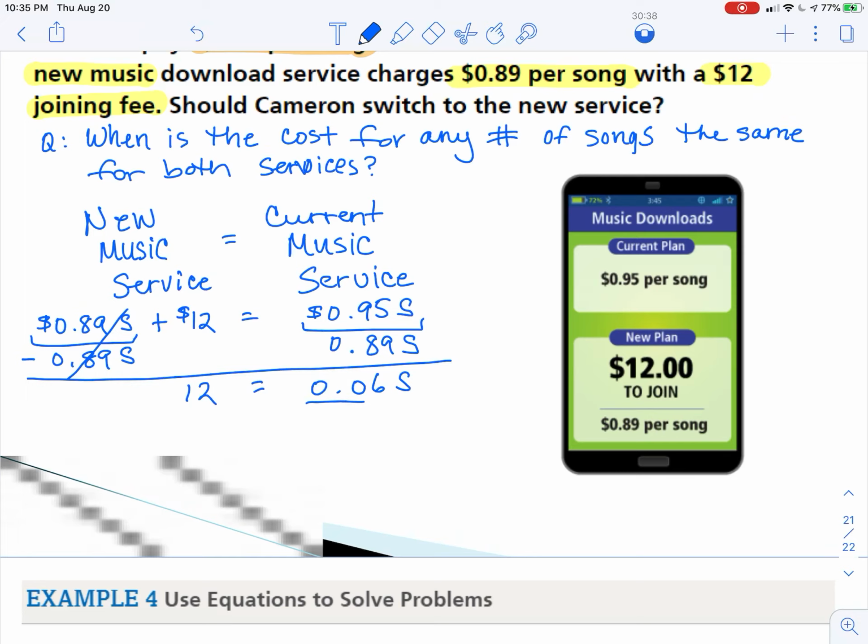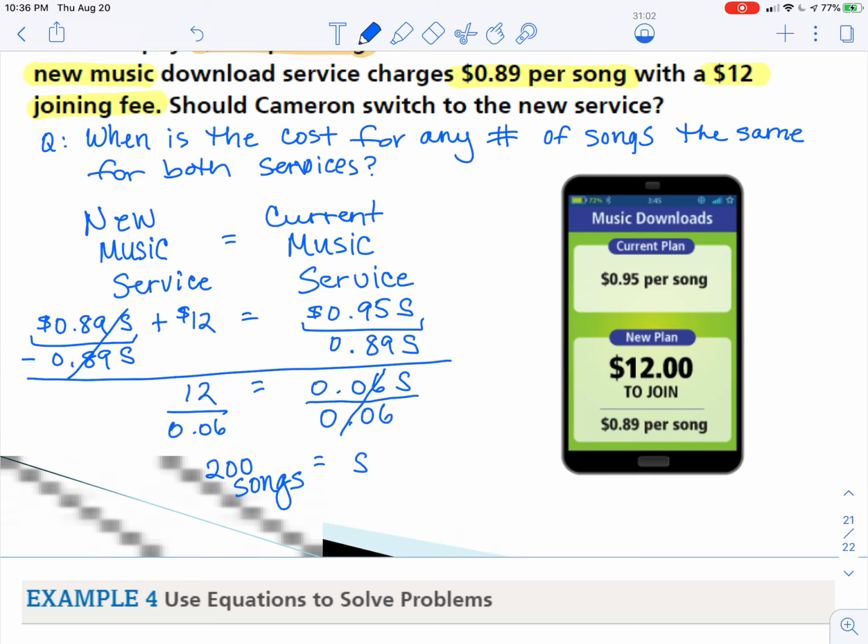Now we want to get S alone, and we'll divide by 0.06 because that's going to cancel out, and I'm going to have S. So the number of songs is, if you divide this in your calculator, 12 divided by 0.06, you're going to get 200 songs.